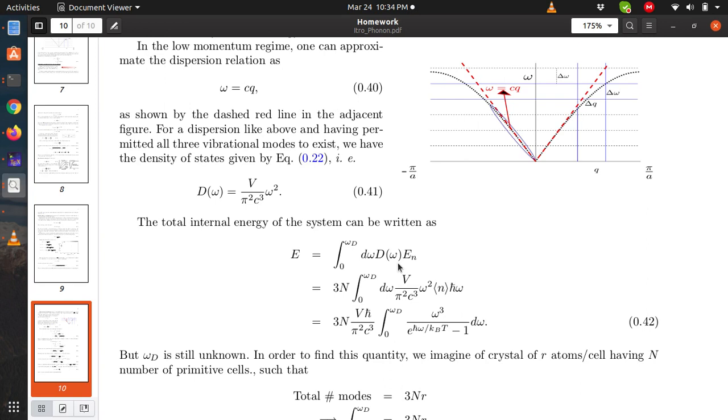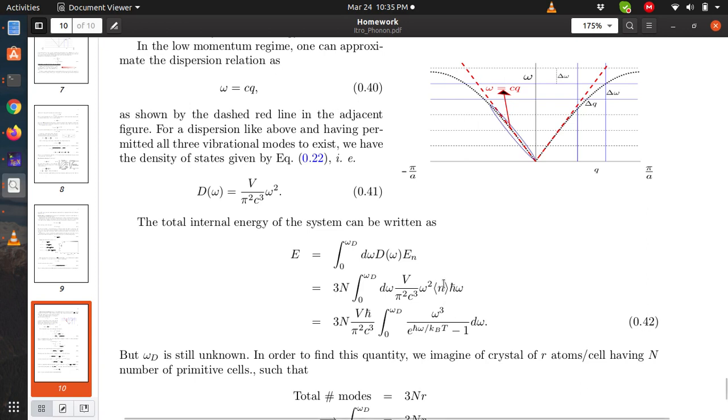Now, just like we have done in the Einstein model of explaining this specific heat, we have taken the average number n, and that expression for n happens because we are considering the phonons to be behaving like bosons.